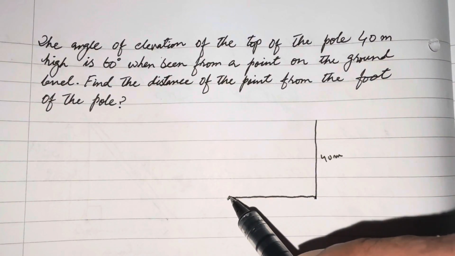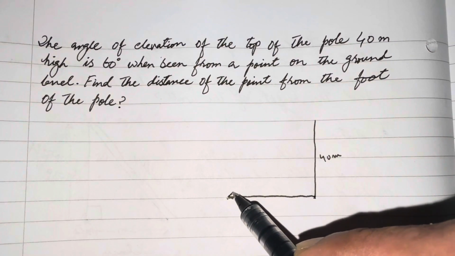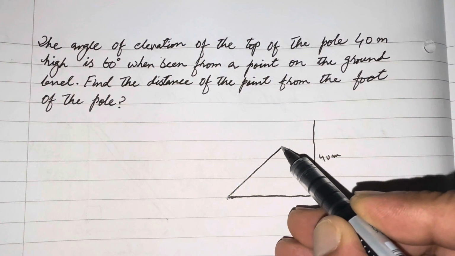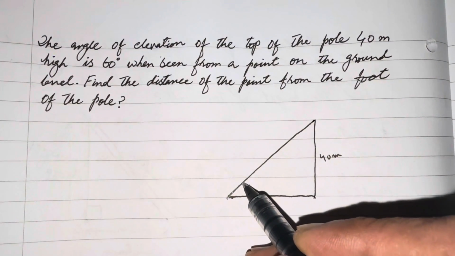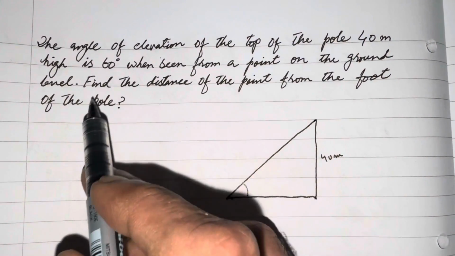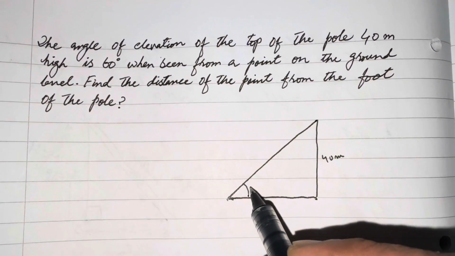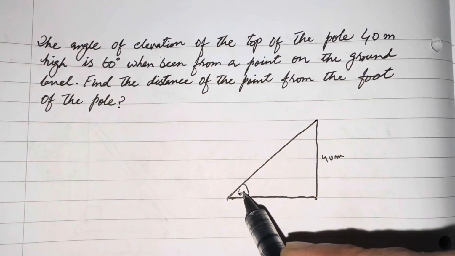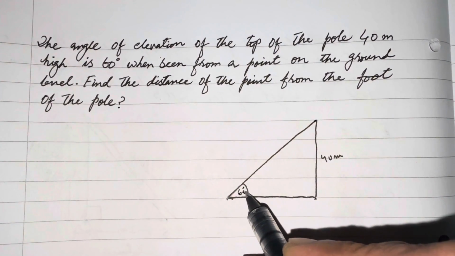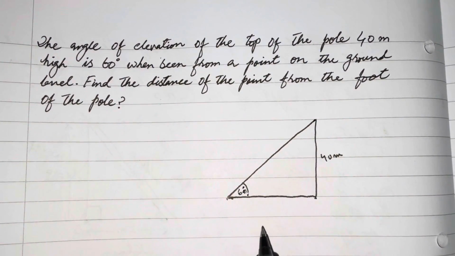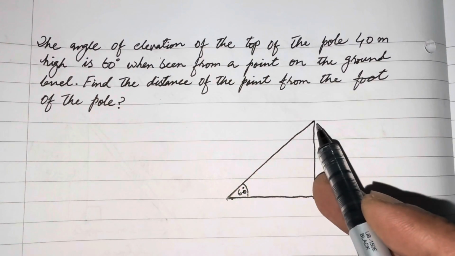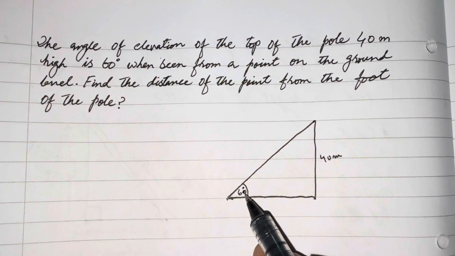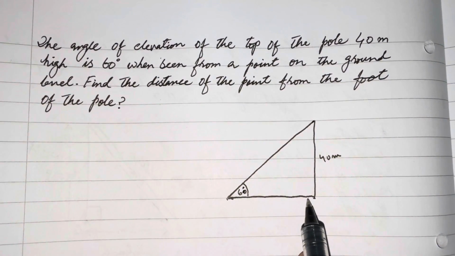So if we join this point with the top of the pole, and the angle making over there is given as 60 degrees, so that is the angle of elevation. So the angle making from the bottom to the top is called the angle of elevation with the horizontal line.